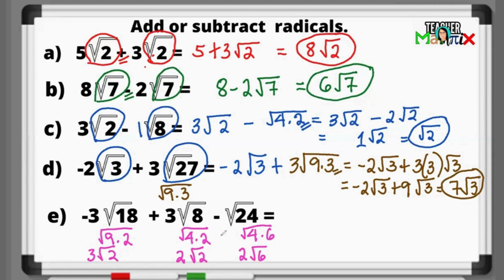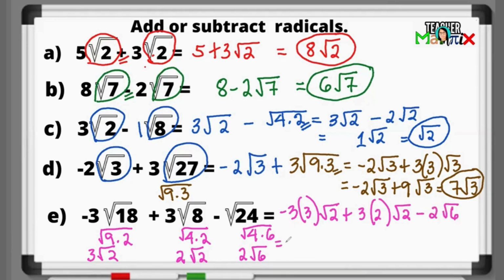Then copy these, including the original numerical coefficients. So we have negative 3, and then we have 3 square root of 2, then plus 3, we have 2 square root of 2, then minus 2 square root of 6.